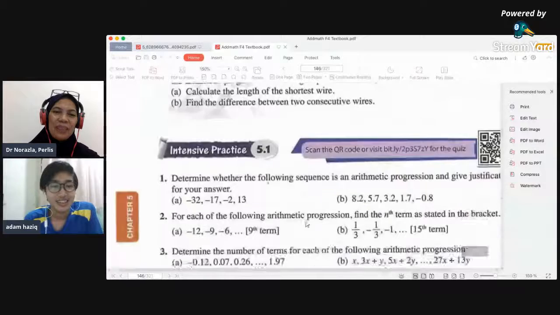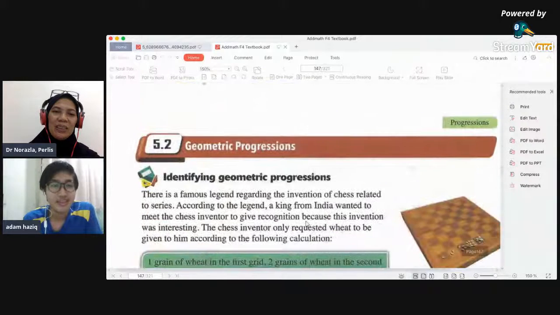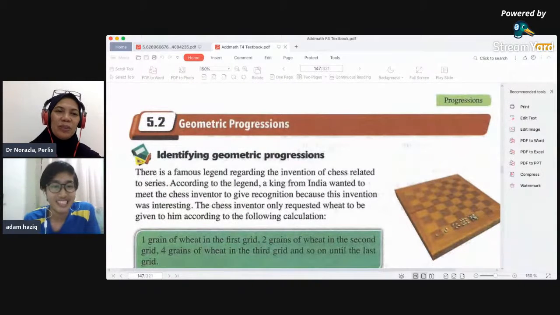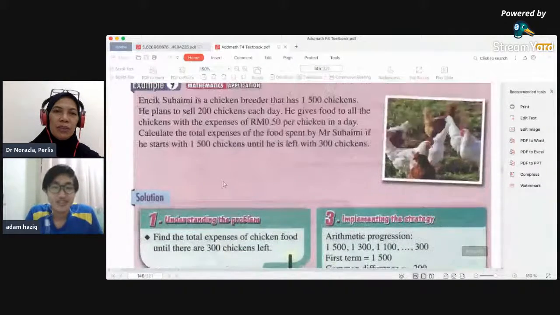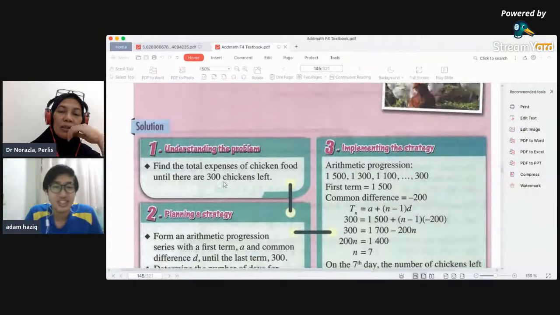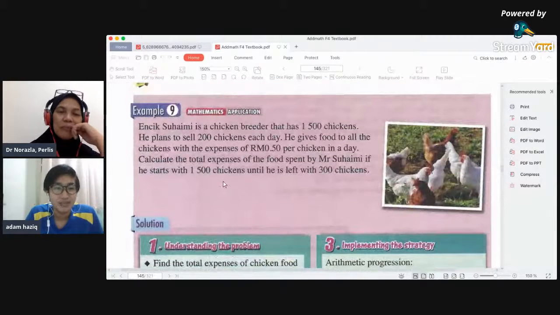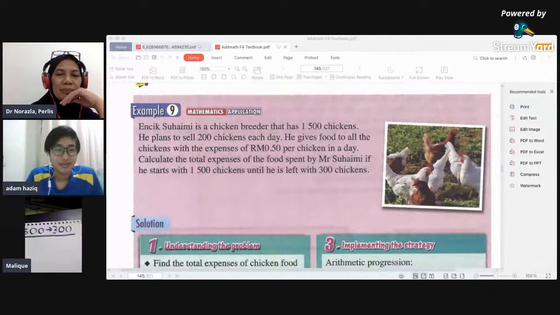Okay, so this is Malik? Malik for 3 and 4. The conclusion, the implementing strategy. Okay, Malik. Let's see what Malik explains. Partner Adam.